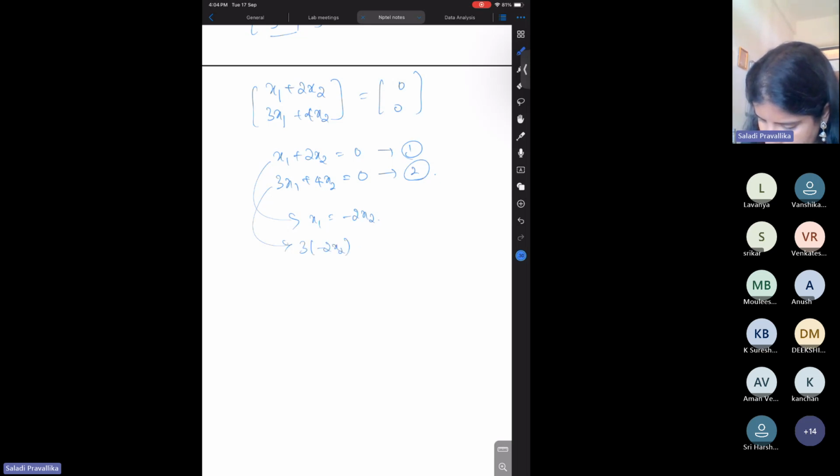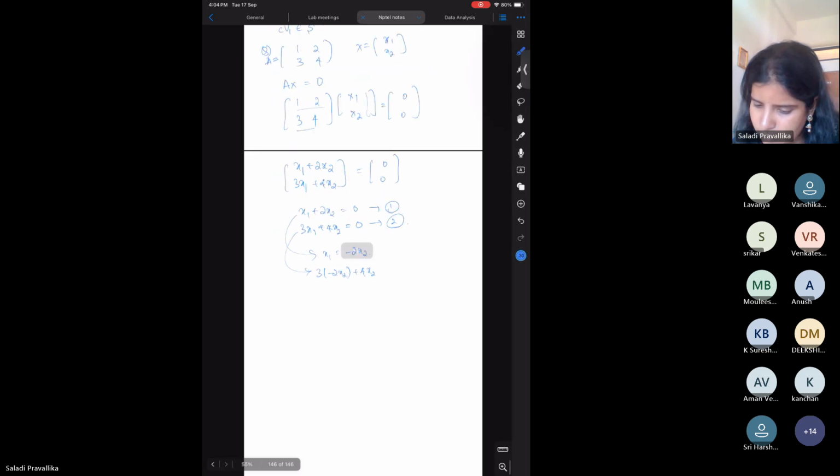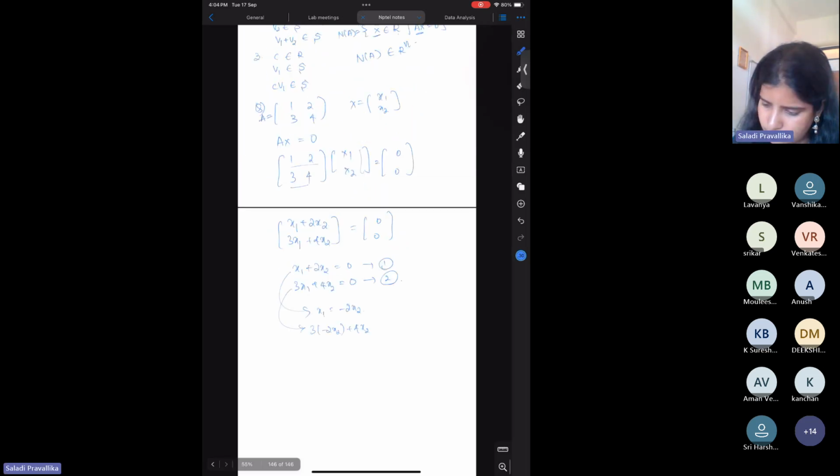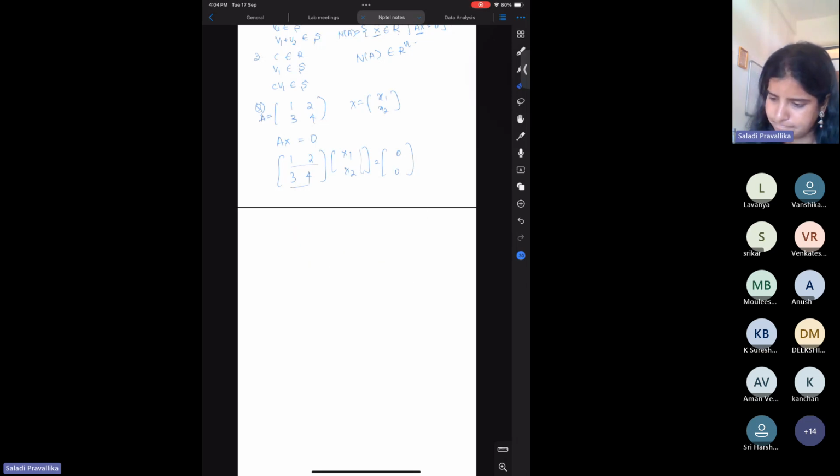Minus 2X2 times 2 is minus 4X2. Then we shall go with row echelon form. That only should work.